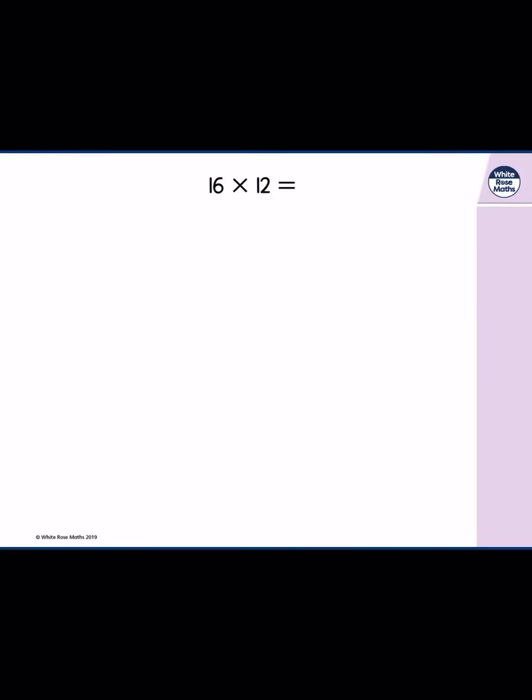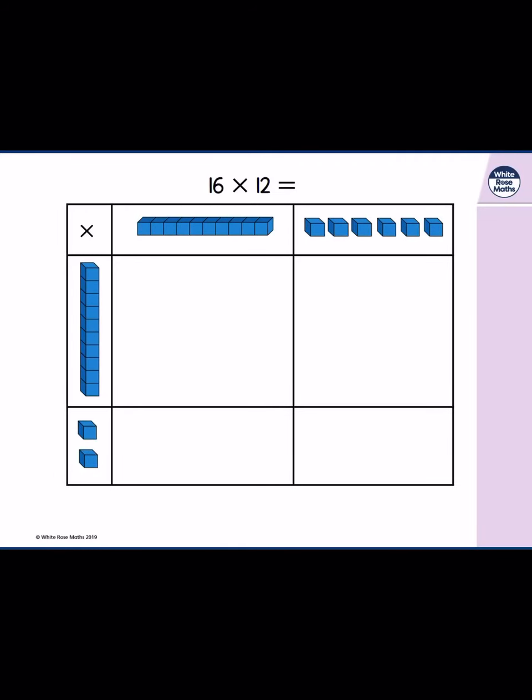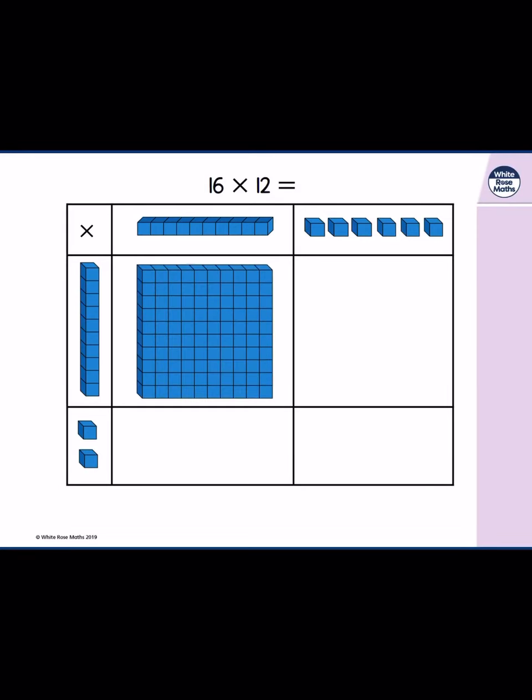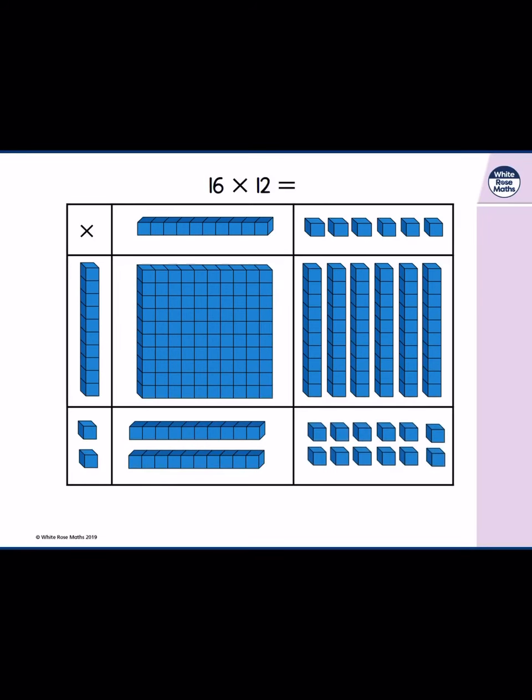Let's have a look at the next one. Let's set up our area model. Up the top, we can see we've got our 16, and down the left, we've got our 12. Let's look at each section then, let's calculate them. 10 times 10, that's 100. 6 times 10, 60. 2 times 10, 20. And then 2 times 6 is 12.